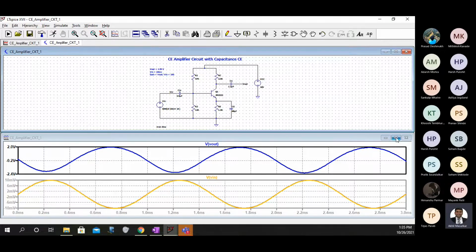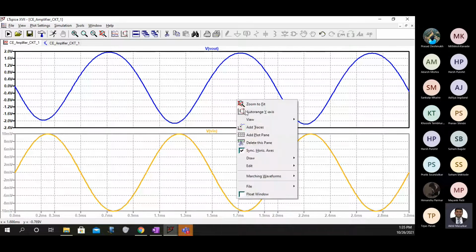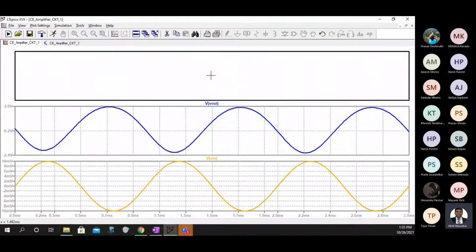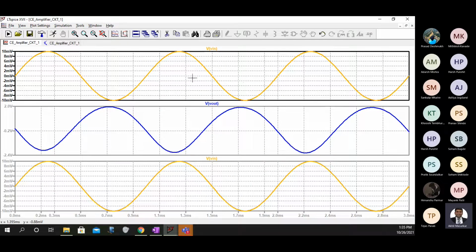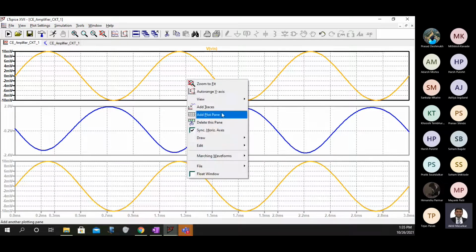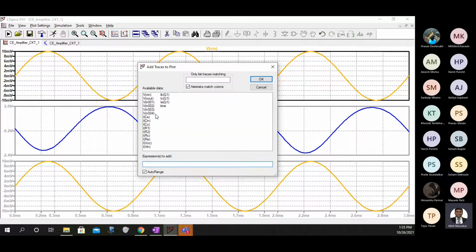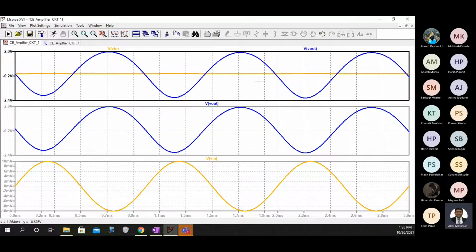Now why did I plot this on separate graphs? I will show you why. If I plot Vin and if I plot Vout on the same graph, you will not be able to see Vin at all. The reason is that Vout is 195 times higher than Vin. Though there is some curve here, you will not be able to see that properly.